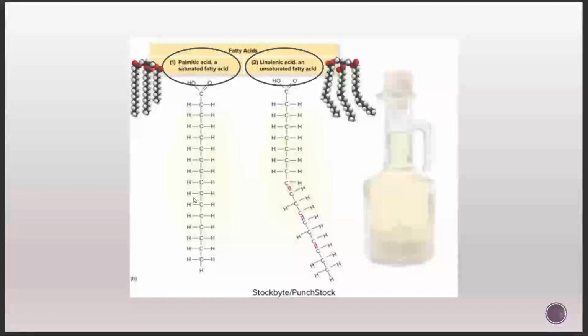So you see saturated here has all single bonds. There's no more room, no more electrons to share, to add any more hydrogens. Whereas our unsaturated has a kink in it here because we have double bonds, which means if we broke the double bond, we could add more molecules to it. It's not saturated, not filled up.